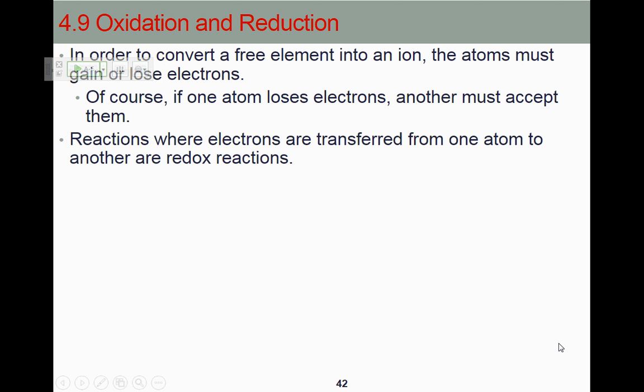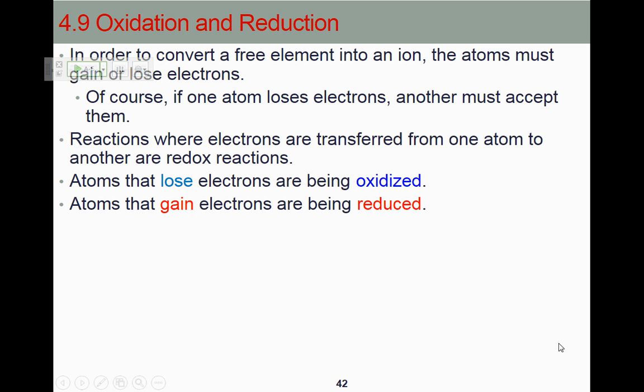A redox reaction is a reaction where electrons are transferred from one atom to another. Atoms that lose electrons are being oxidized. You need to know this terminology. The atom that gains the electrons is being reduced. This is important. Now I'm going to confuse you with some terminology, so you need to know this one first.